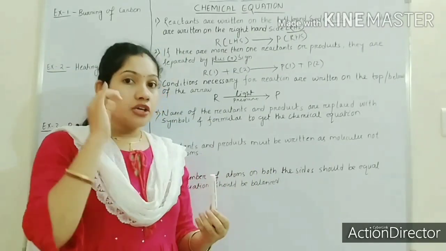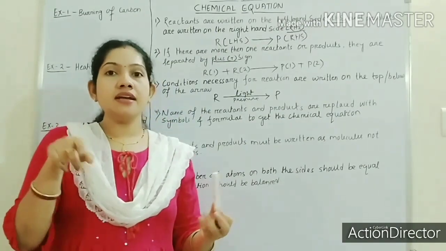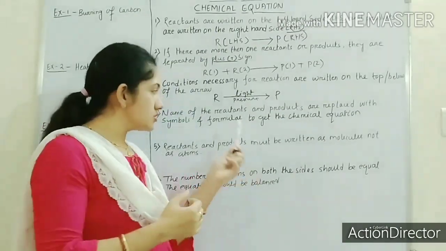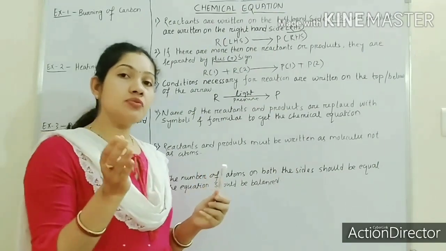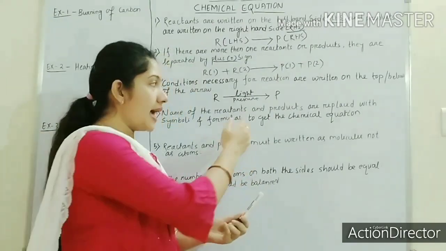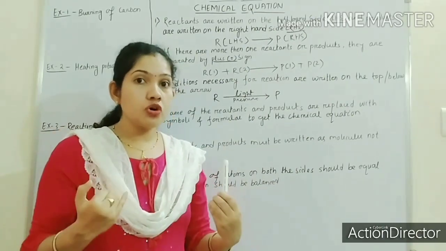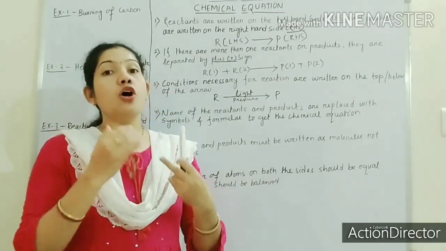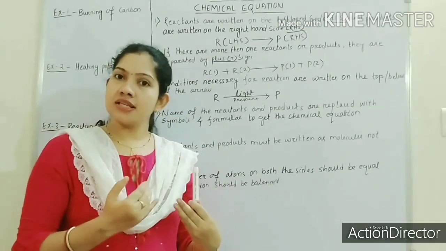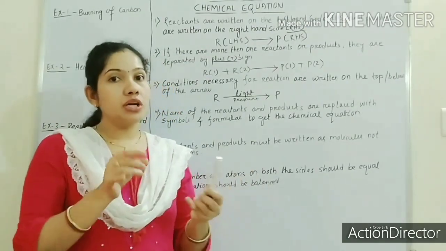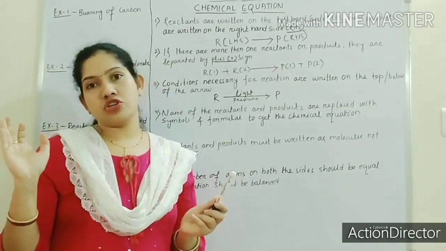Then you have to replace those names with symbols. Whenever we write a word equation, the reactants and products of the word equation should be replaced with their symbols. Then only can we get the chemical equation for it.